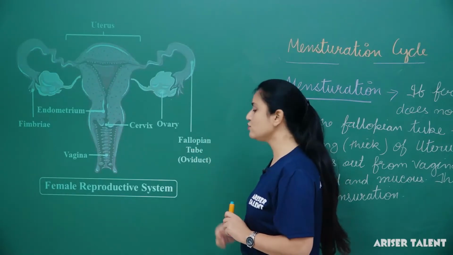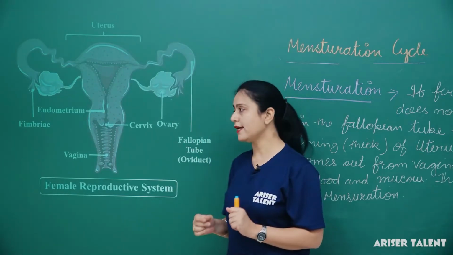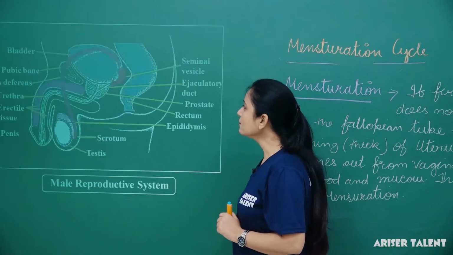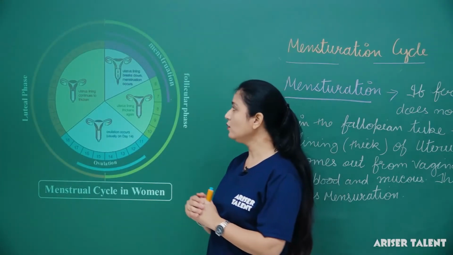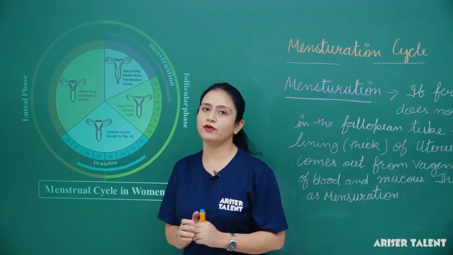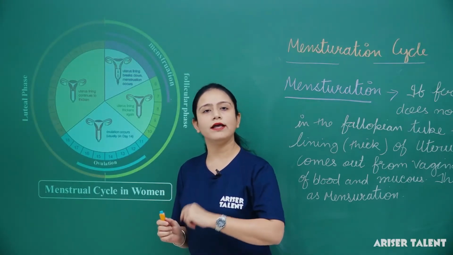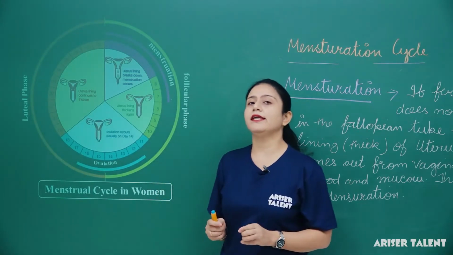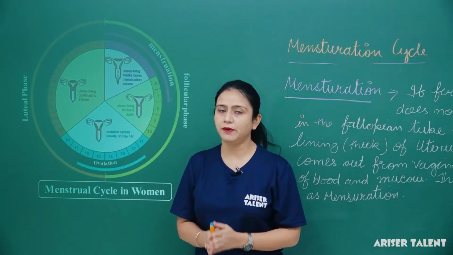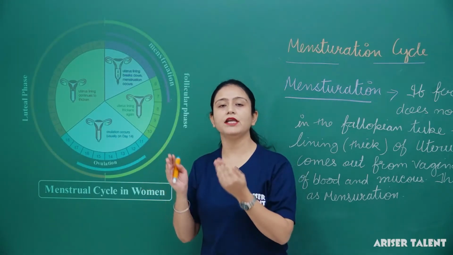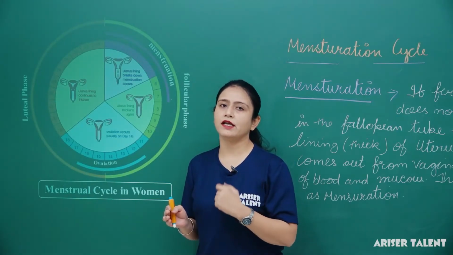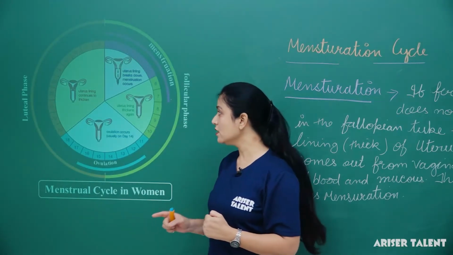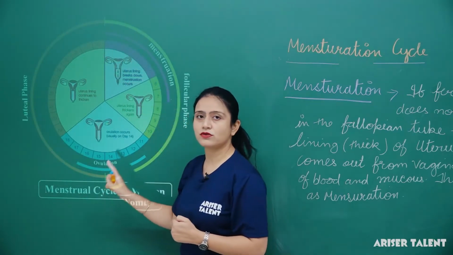Now we are going to talk about the menstruation cycle. As we know, each ovary produces one ova every month. But if fertilization does not take place, the lining of the uterus breaks down and comes out from the vagina in the form of blood and mucus, and this is all about the menstruation cycle.